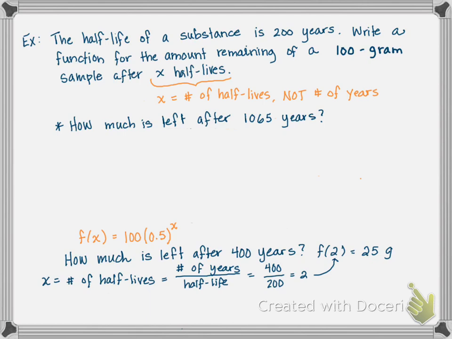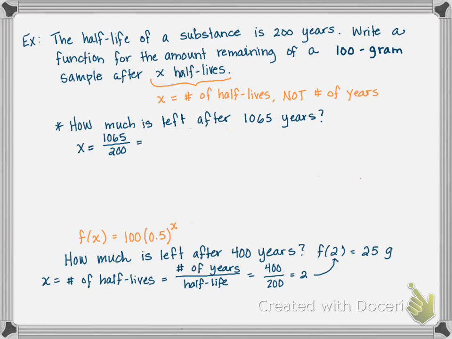So what would we do there? 1,065 by 200. So first we need to figure out how many half-lives have passed after 1,065 years.